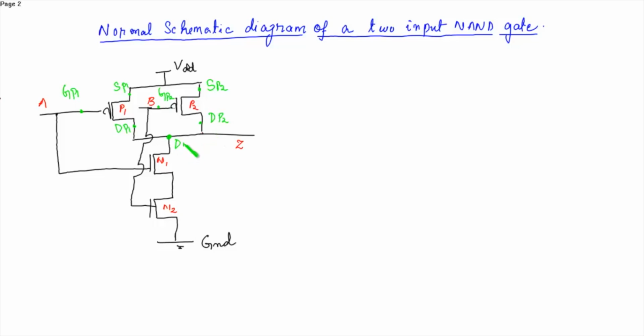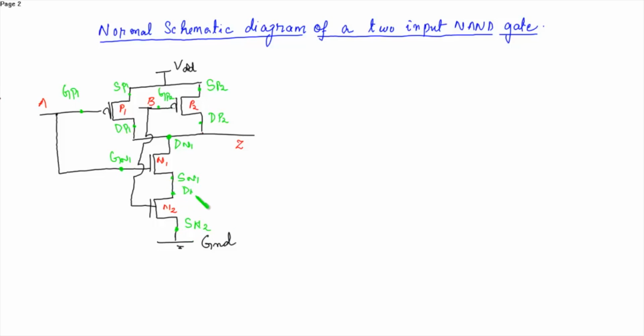So this is the drain terminal of N1, source terminal of N1, and this is the gate terminal of N1. And the source of the NMOS is connected to ground. So this is source of N2.